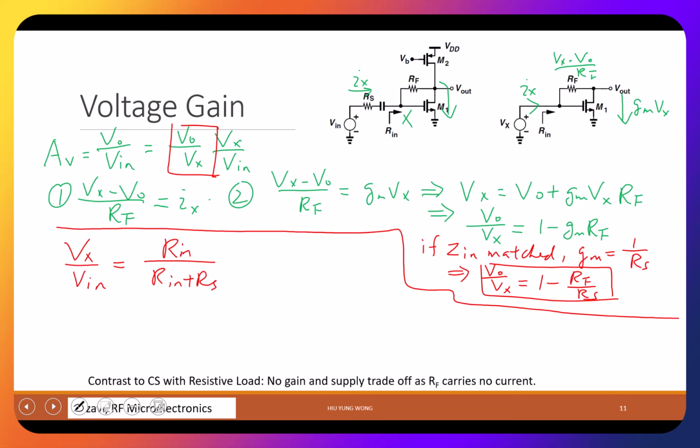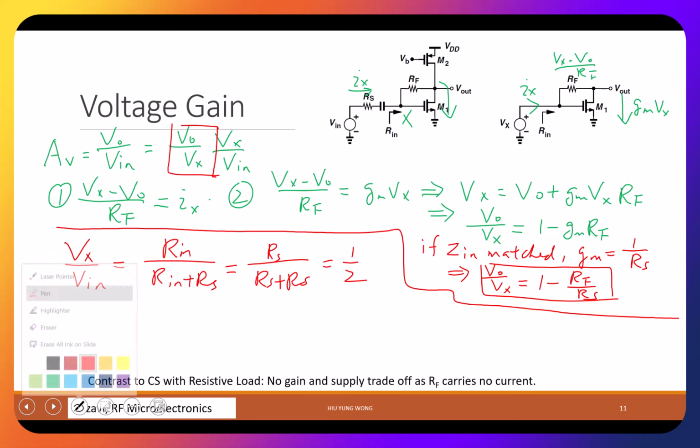So very good. But what is Vin again in this case if impedance is matching? When the impedance is matching, Rin equals what? Rs. Exactly. Equal to 1 over 2. Okay?